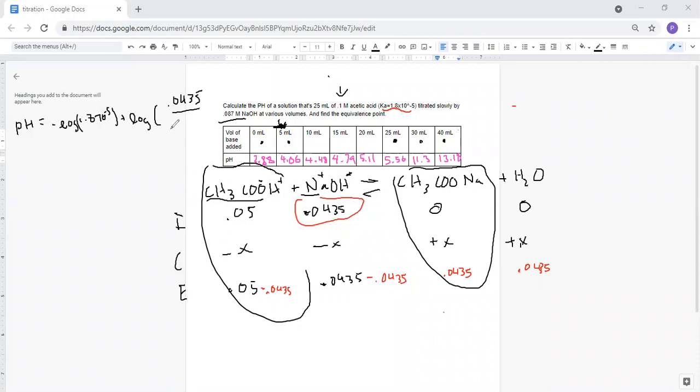So our acid is 0.05 minus 0.0435. So here is just our A minus amount over our HA amount. Okay, so now once we solve for that, we get pH equal to 5.56. Okay, so let's do another one.